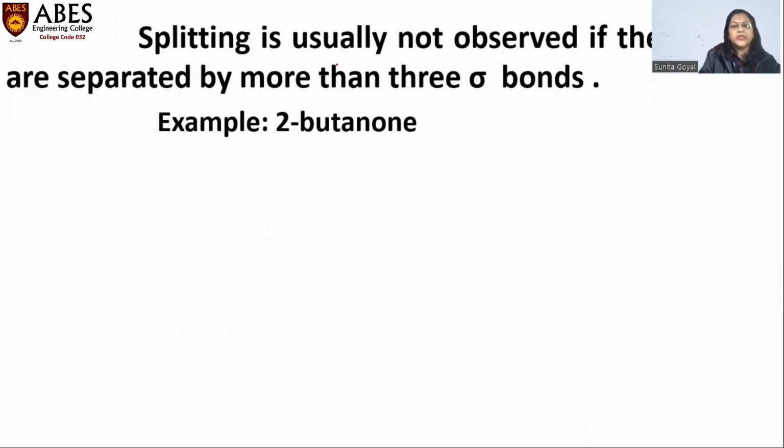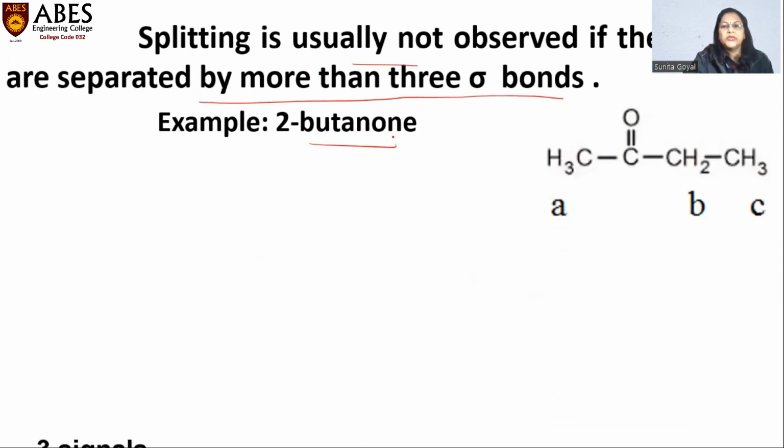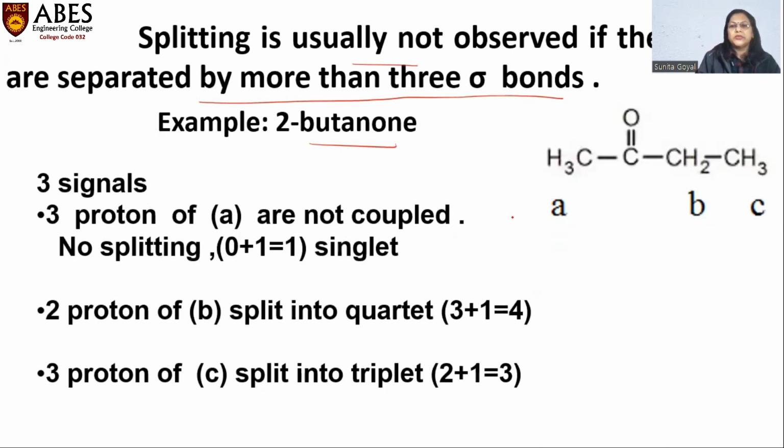Splitting is usually not observed if the protons are separated by more than 3 sigma bonds. For example, here there will be 3 signals, A, B, and C, because of 3 different sets of protons. So the 3 protons of A are not coupled by the B protons or the C protons because they are separated by 3 bonds.